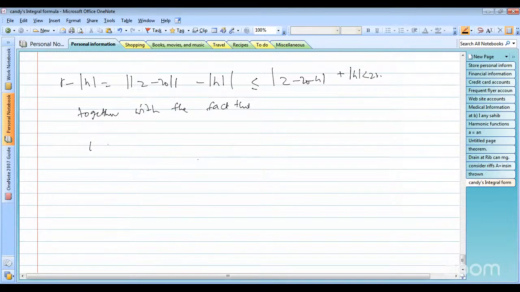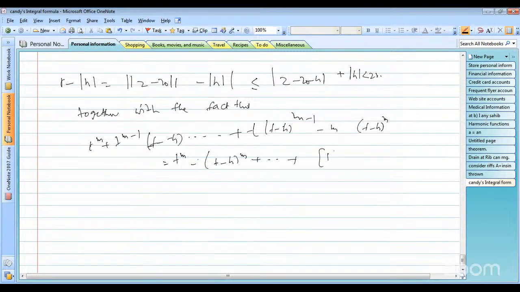t^m plus t^(m−1)(t−h), I'm writing here, and so on plus. Already I told this: t^m minus (t−h)^m is equal to t^m minus (t−h)^m, so on plus t²(t−h)^(m−2) and (t−h)^m, I'm taking here.